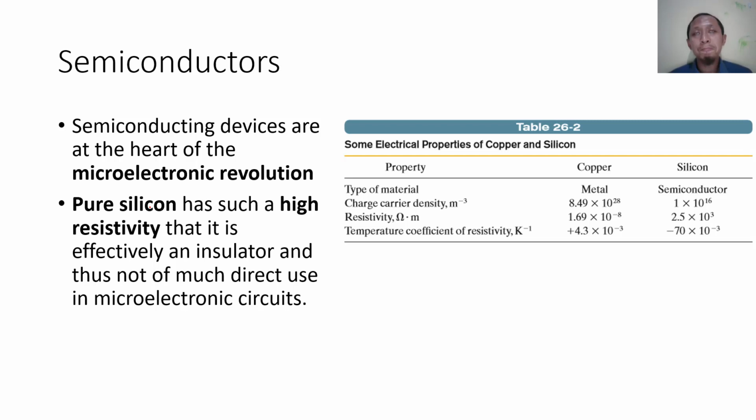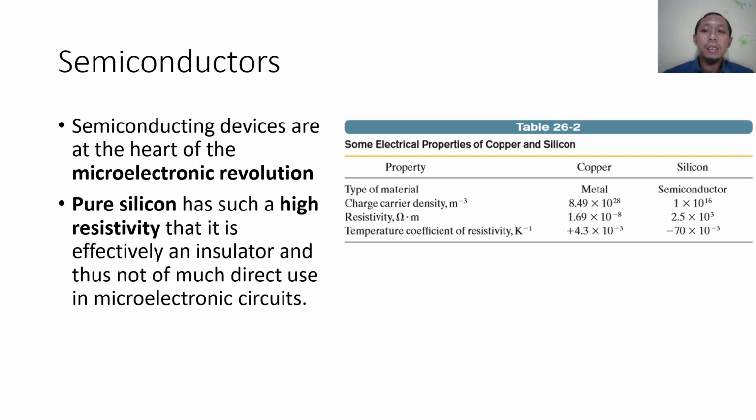It means that we can change the conductivity or the resistivity of the semiconductor by using techniques like doping. If you are in electrical engineering, we will discuss this in another course. So in this physics course, we just say that a semiconductor is a material whose conductivity or resistivity we can modify.